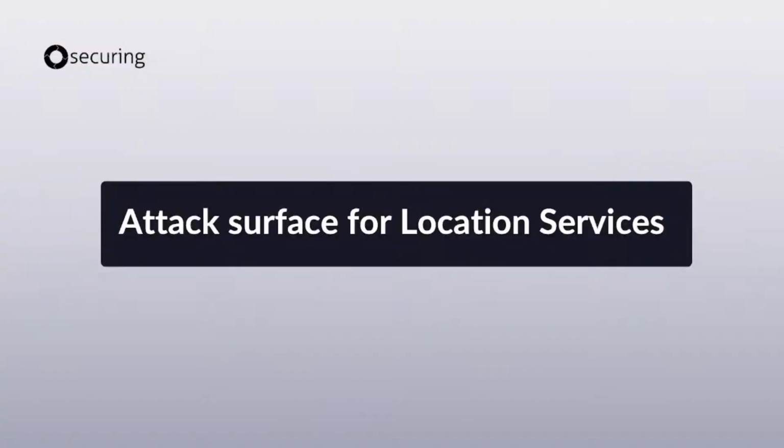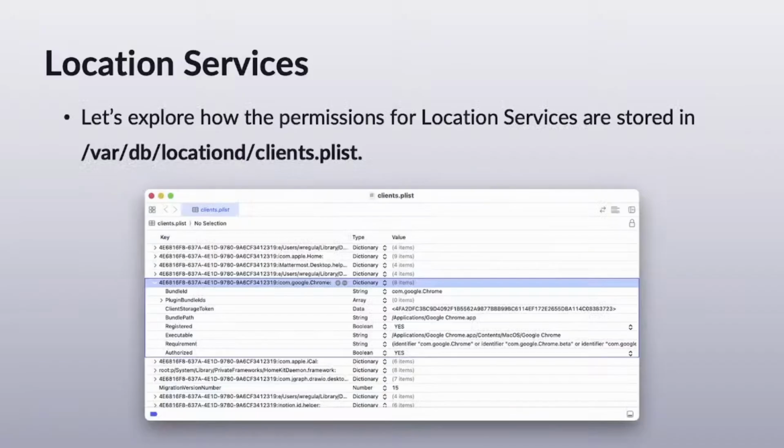Yeah, so let's talk about something more interesting than the internals of locationd. Attack surface. Now we know that we have two separate databases, so let's focus on the plist, which actually contains all the things related to applications that are allowed to get your location. So this is a plist.